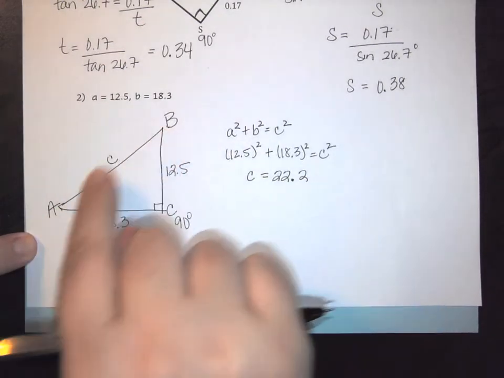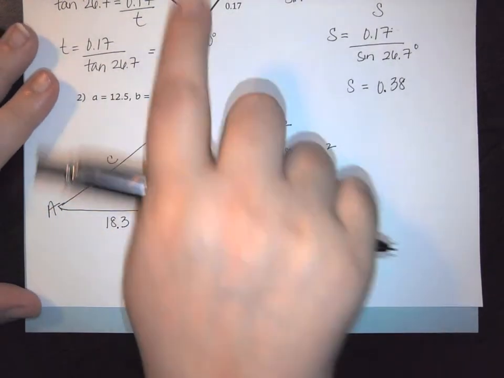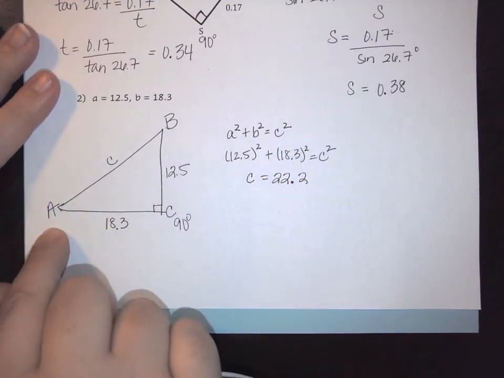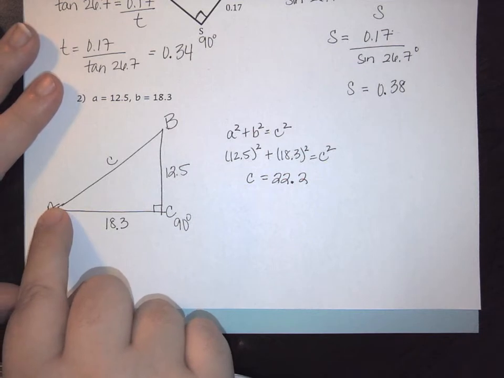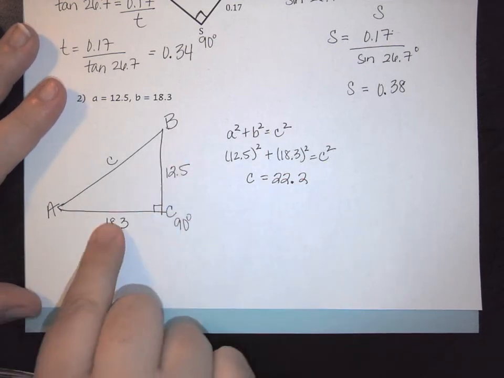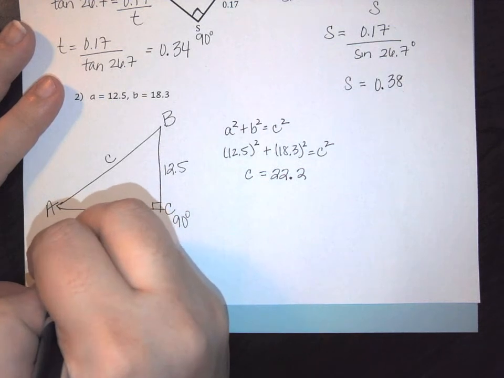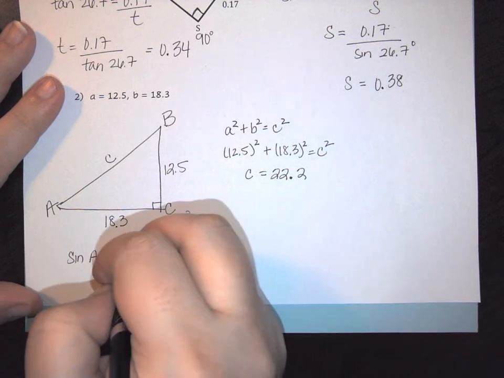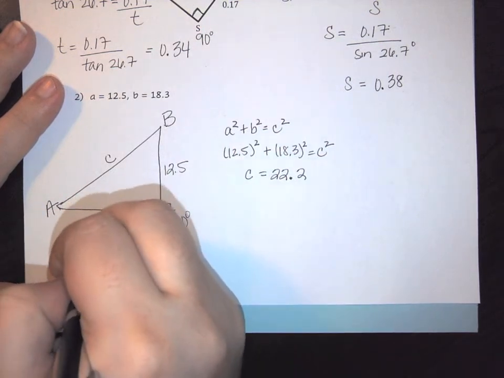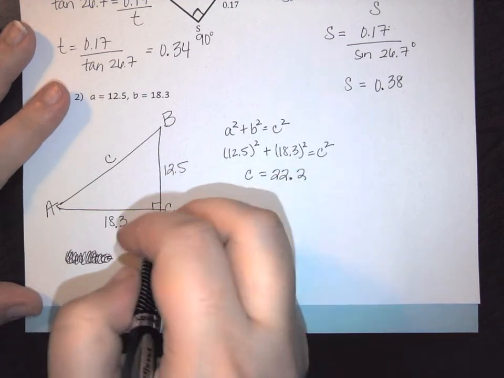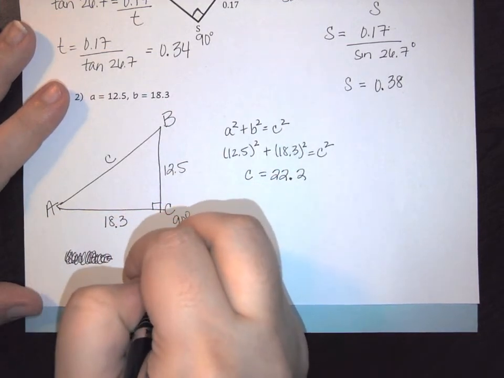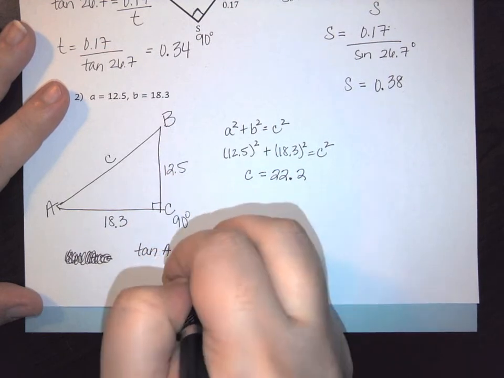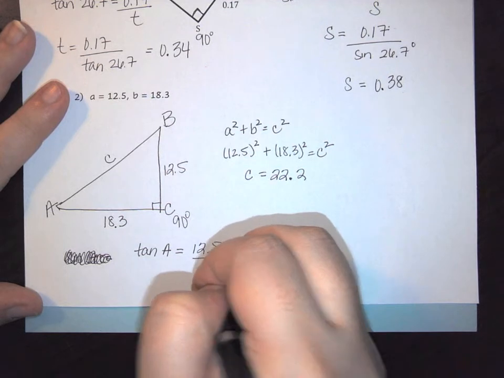Now we need to be able to find our angles, and we're going to approach this in the same way that we did our first triangle. And so in this case, however, we would be looking at the angle as being the missing piece. So here we have opposite over adjacent. So we would have the tangent of A is equal to opposite, so 12.5 over the adjacent 18.3.